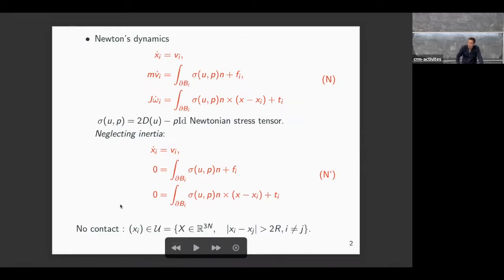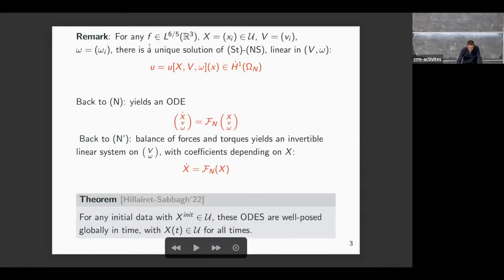I will consider situations where there is no contact between the particles. And as you will see, this makes sense. I mean that when you take two different centers, they should be at a distance of at least 2r. So now it is very easy to see that if you are in this setting, if your particles are not touching, then given a reasonable source term f and given my positions and velocities, you can solve the Stokes equation.